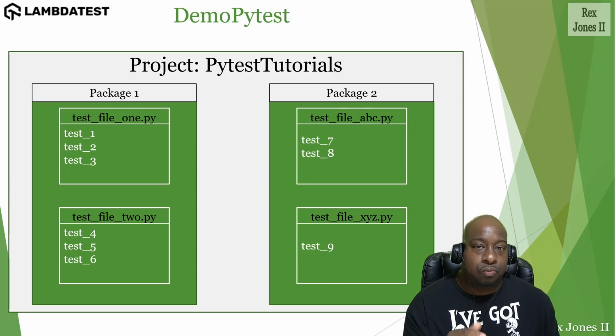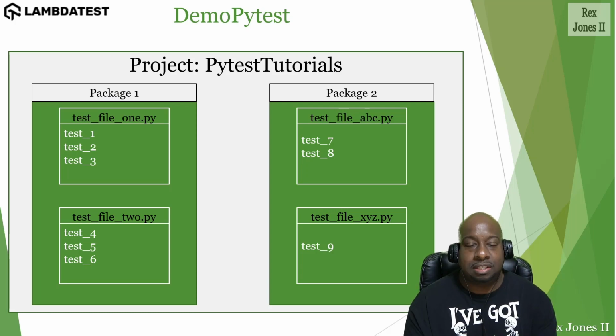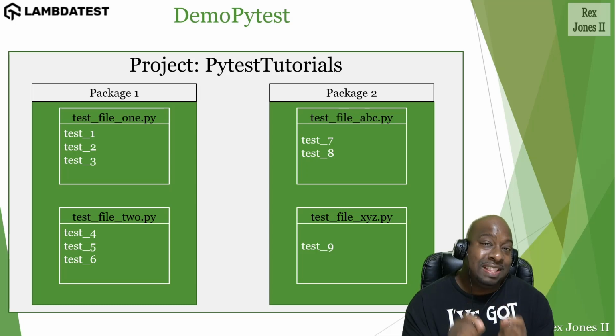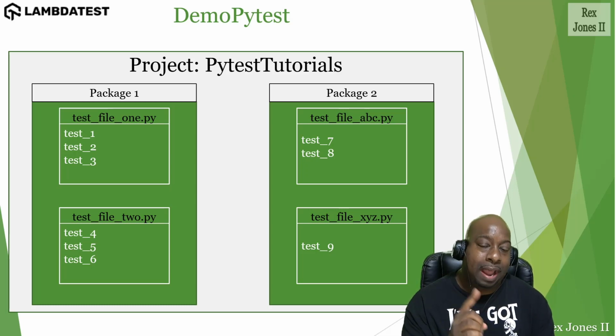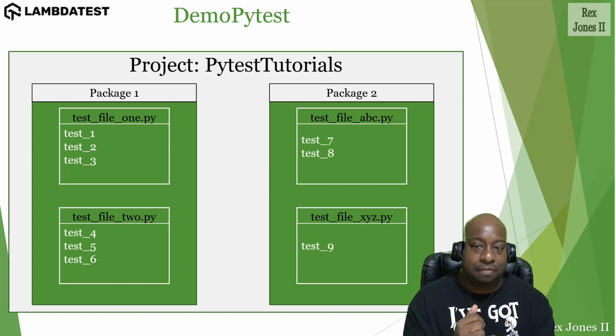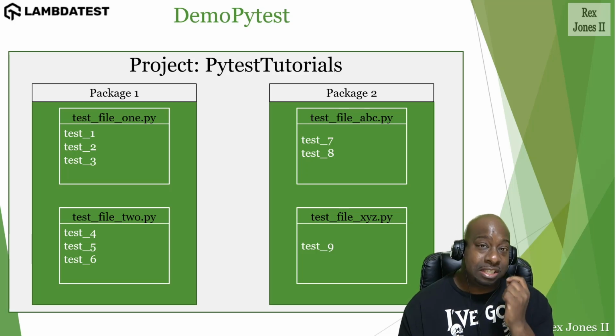I will demo how to run every test in the entire project, then demo how to run all test scripts in one of the packages, like test 7, 8, and 9 in package 2. After demonstrating how to run all test scripts, we will transition to running only a subset.